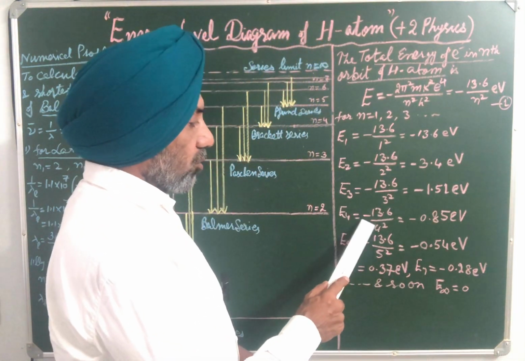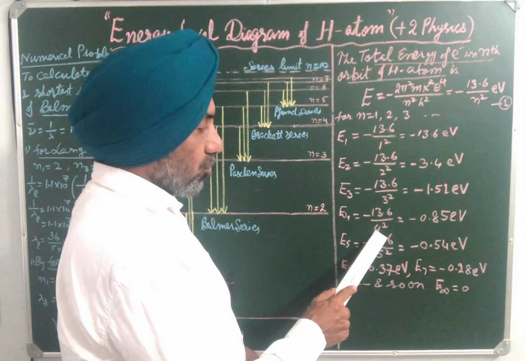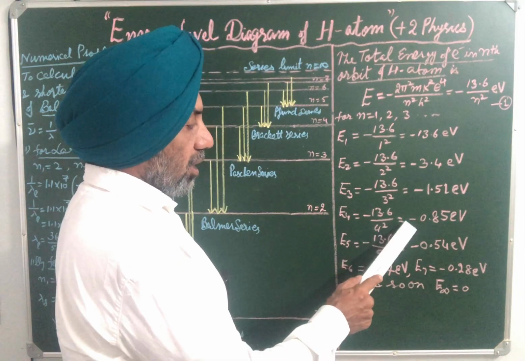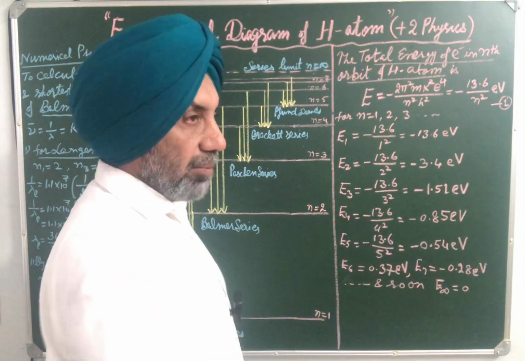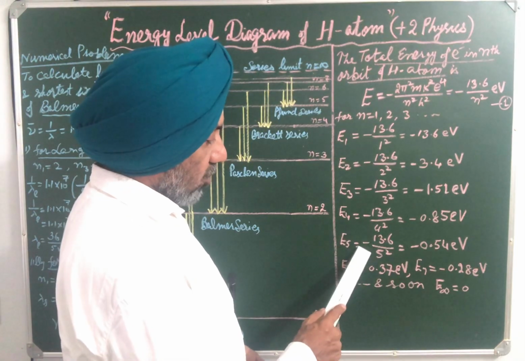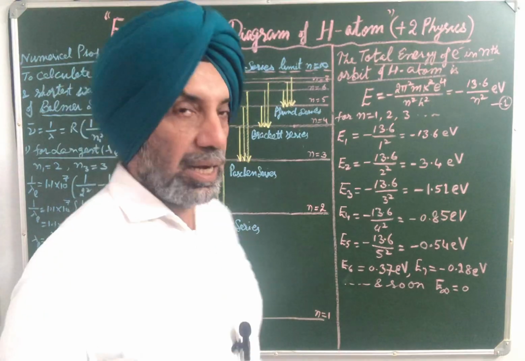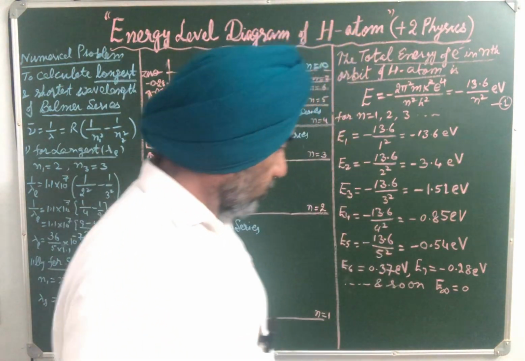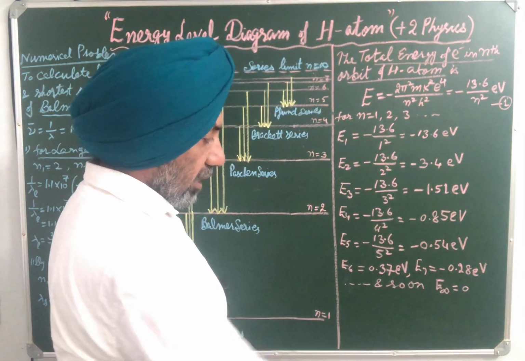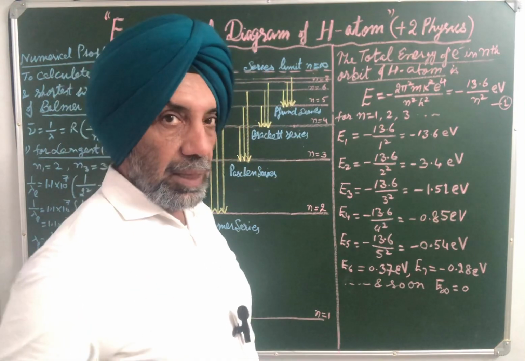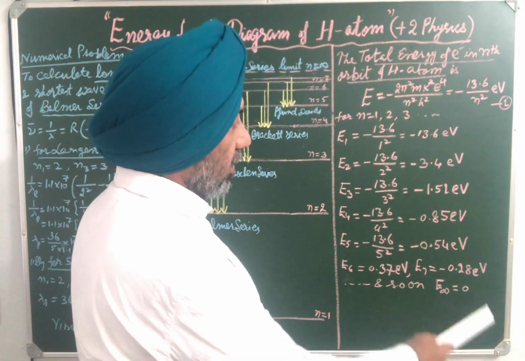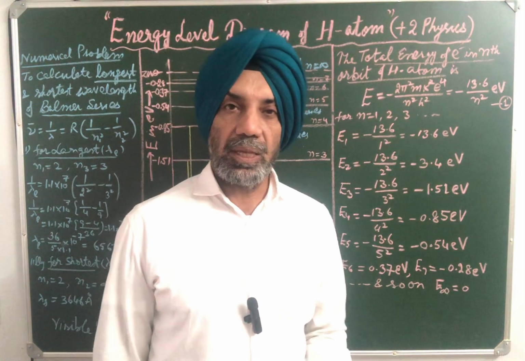And E4 will be equal to minus 13.6 upon 4 square, because n is equal to 4, which is minus 0.85 electron volt. And E5 is equal to minus 13.6 upon 5 square, which is minus 0.54 electron volt. And E6, E7 and so on. And when n is equal to infinity, E infinity will be 0.